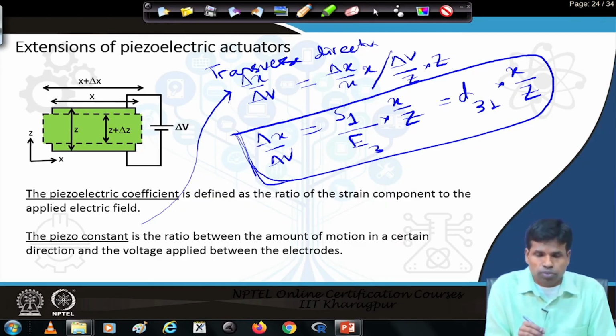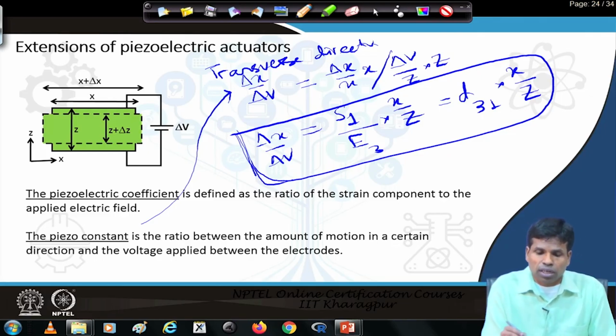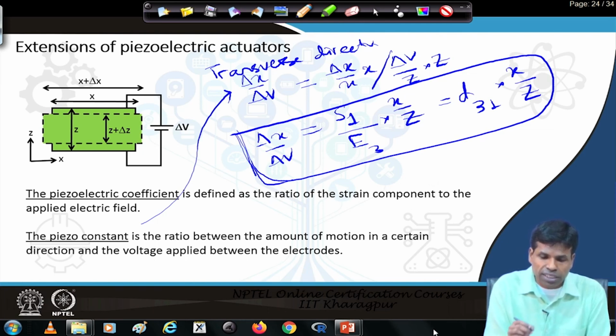Just for the sake of understanding the longitudinal and transverse piezoelectric effects and the piezo coefficient, I have taken the simpler example of a piezo plate, but in STM we use a piezoelectric tube, and we will discuss how it functions.